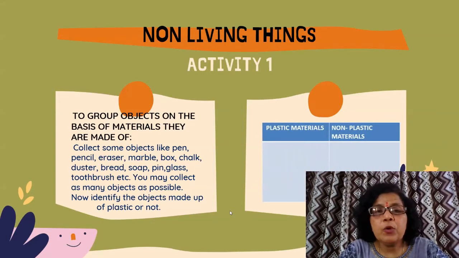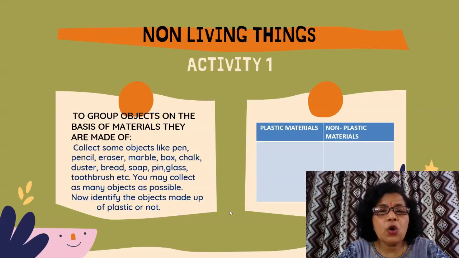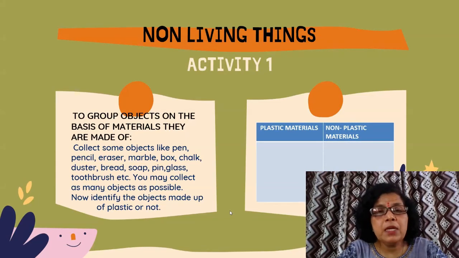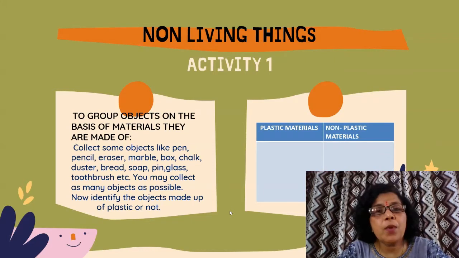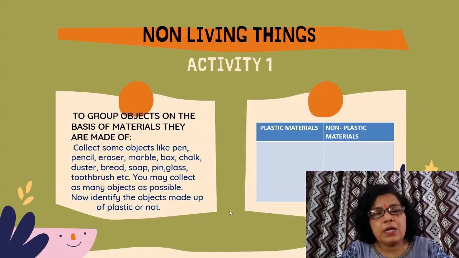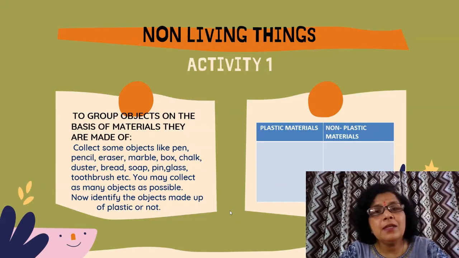Now, tabulate these objects, and in first column you write down the objects which are made up of plastic. And in second column, you can club all those objects which are not made up of plastic. So students, is it clear how can we divide them into groups? Yes.